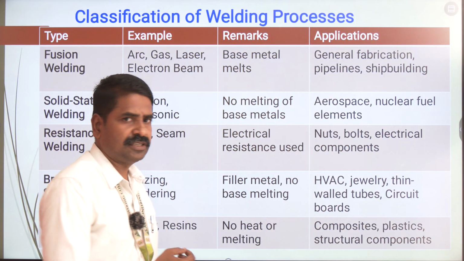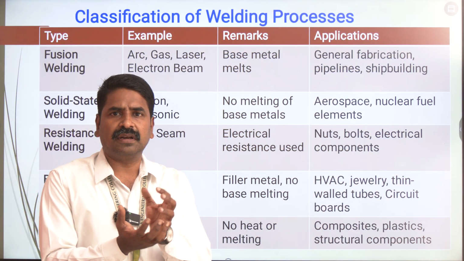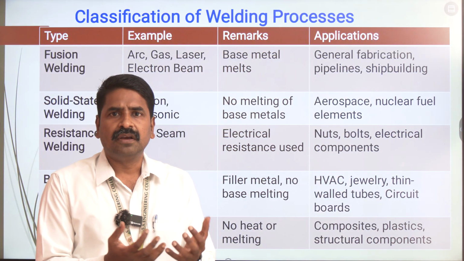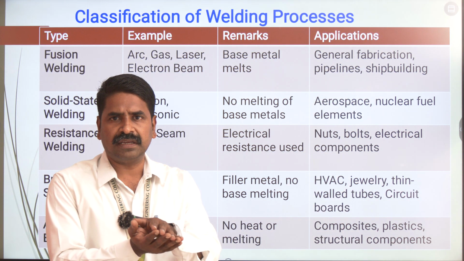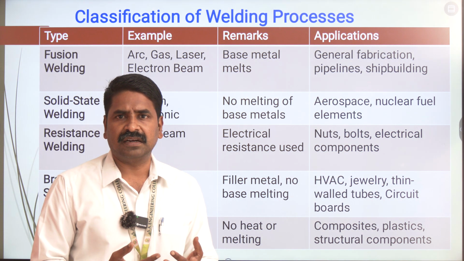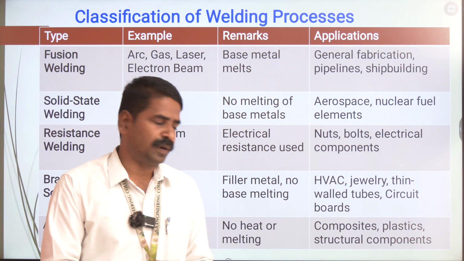Next comes your adhesive bonding. Adhesive means you join the materials with one another using adhesives, and that is called adhesive bonding, which is one of the recent welding technologies emerging in the past few years.